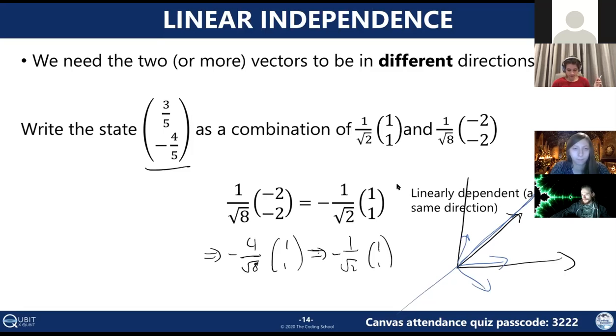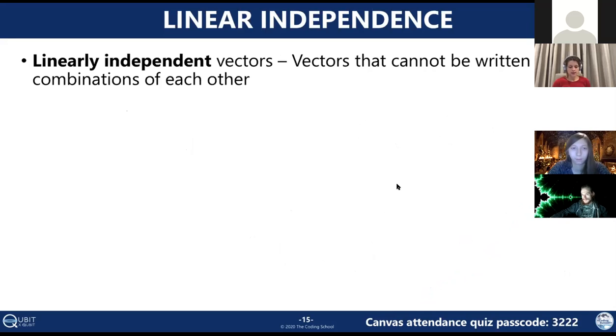Yeah, cool. So now linearly independent vectors are vectors that cannot be written as combinations of each other. So our 1, 0 state and our 0, 1 state, you could not multiply this vector by anything to get this vector. These are not equivalent. You could multiply this by alpha, this by beta.